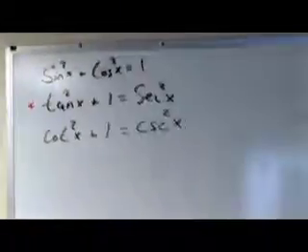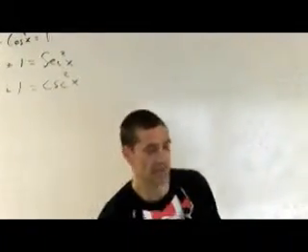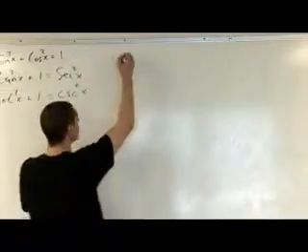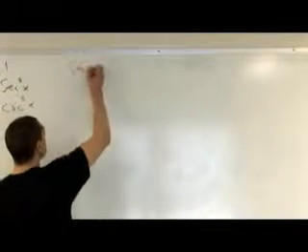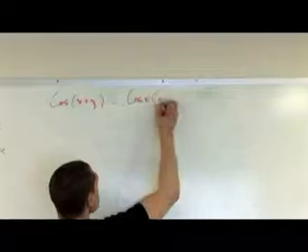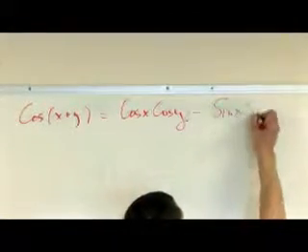There are some other identities that I definitely recommend that you memorize. I did back in the day, and our instructor made us, and we use these in calculus a great deal. I've shown these before. Cosine x plus y is equal to cosine x times cosine y minus sine x sine y.